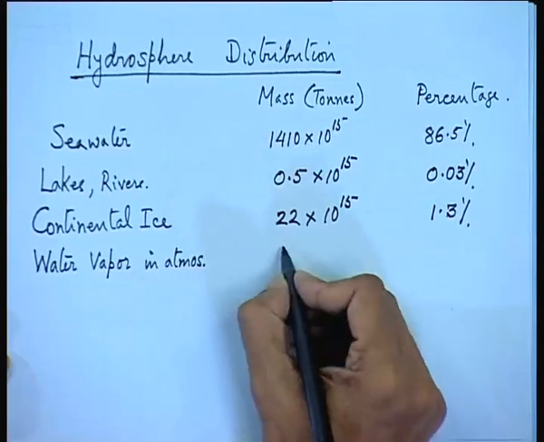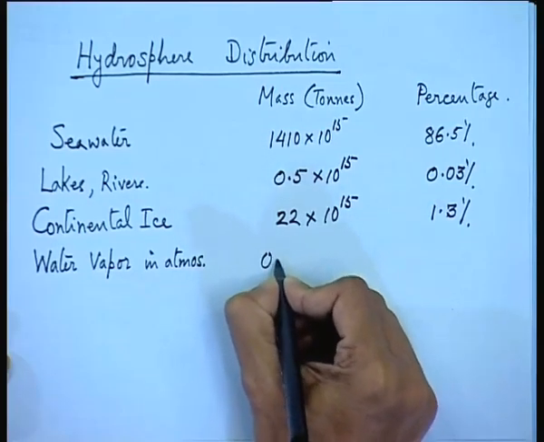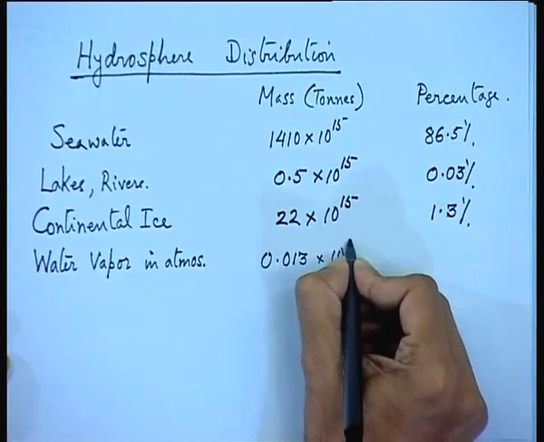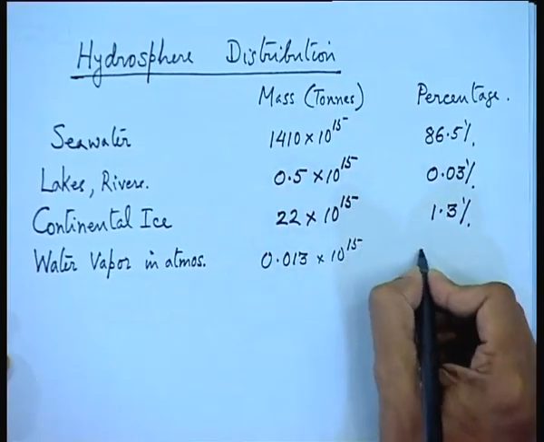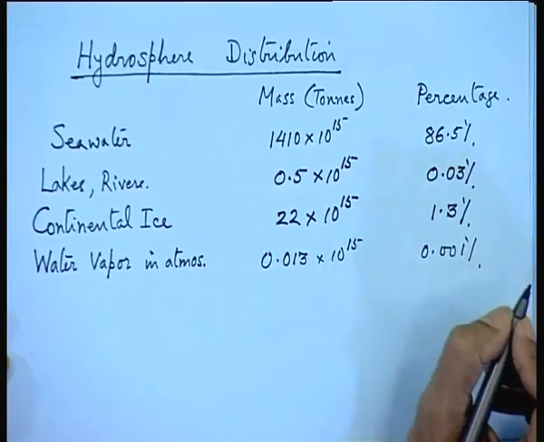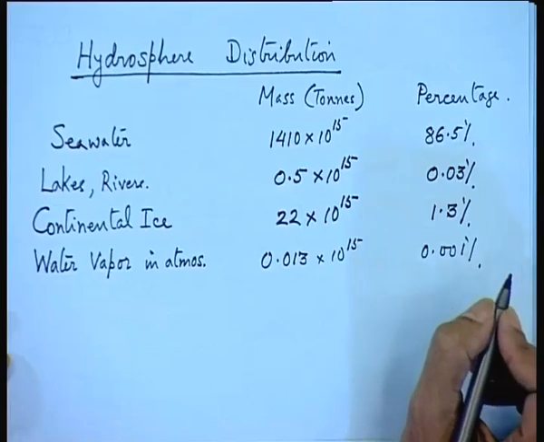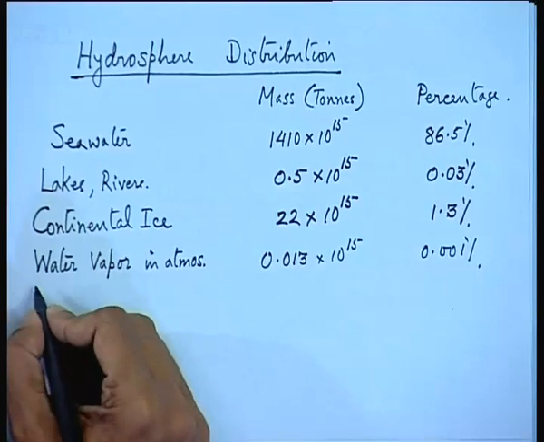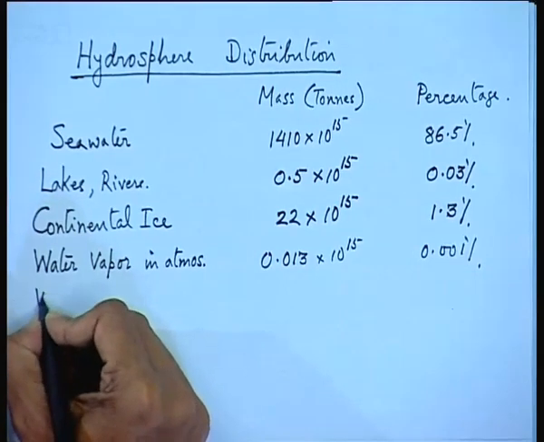This is 0.013 into 10 to the power 15, and this is only 0.001%. Then after this is the water in the sedimentary rocks, or water in sediments.